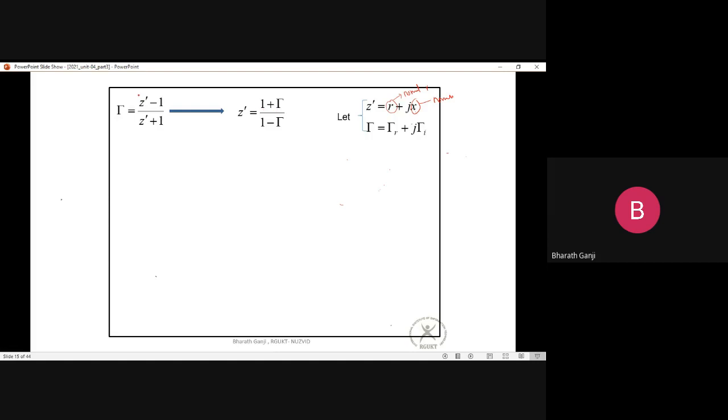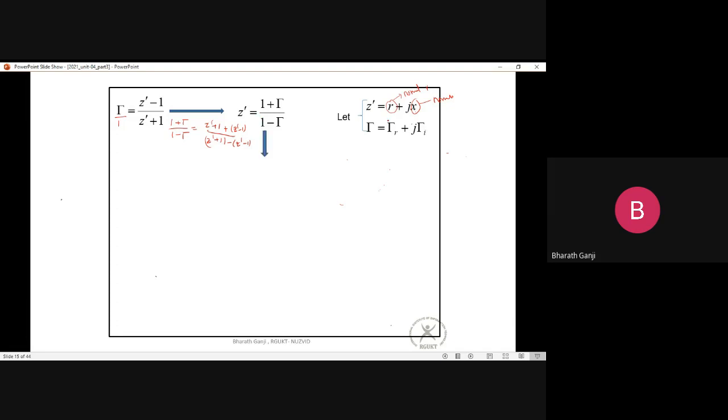Taking componendo and dividendo, (1 plus tau) by (1 minus tau) is equal to (z dash plus 1 plus z dash minus 1) divided by (z dash plus 1 minus z dash plus 1). If you see that, it cancels out and you basically end up with z. So this is your equation now.